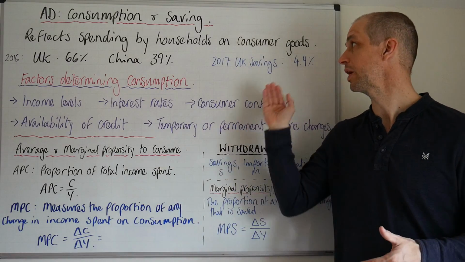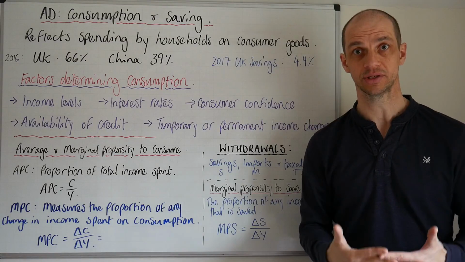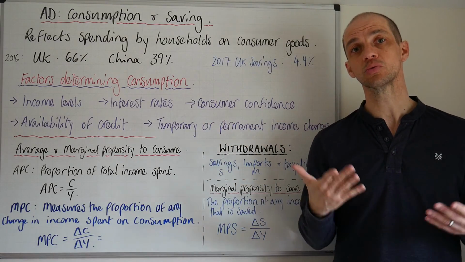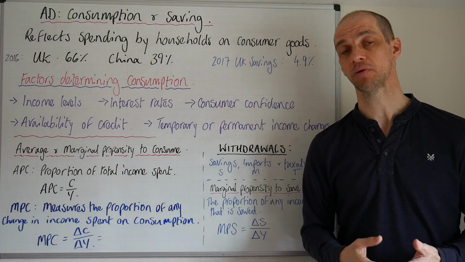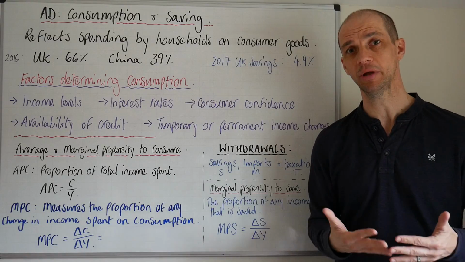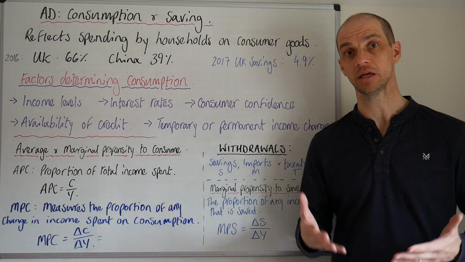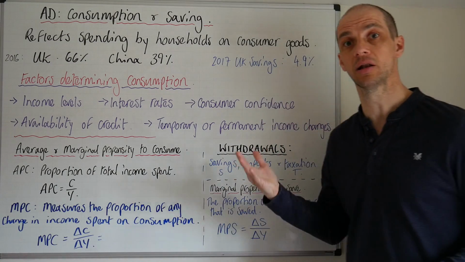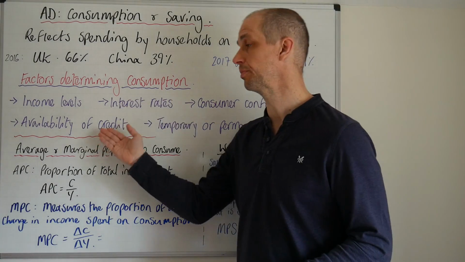This of course will influence the savings rate, the rate at which people choose to save. Consumer confidence also has a significant role to play. If people feel confident about the state of the economy, they feel confident about the jobs that they have and the income they're receiving, they're again likely to undertake more consumption.